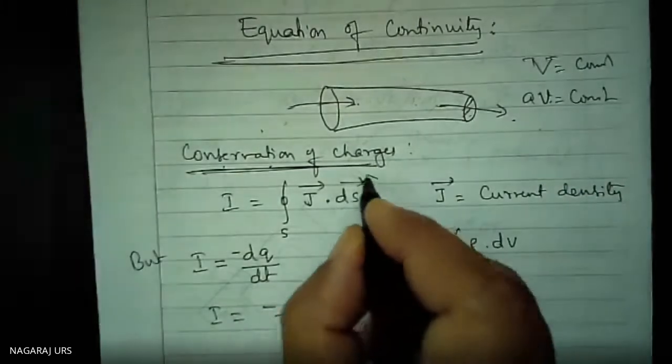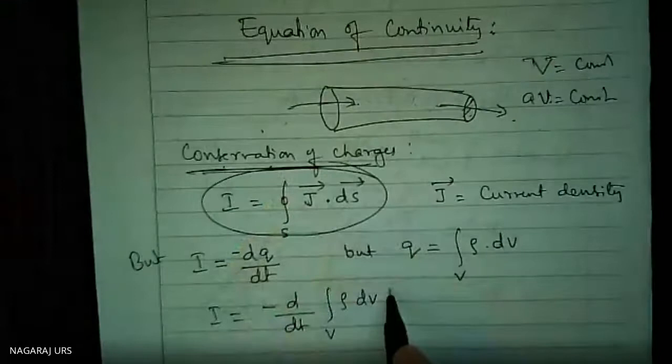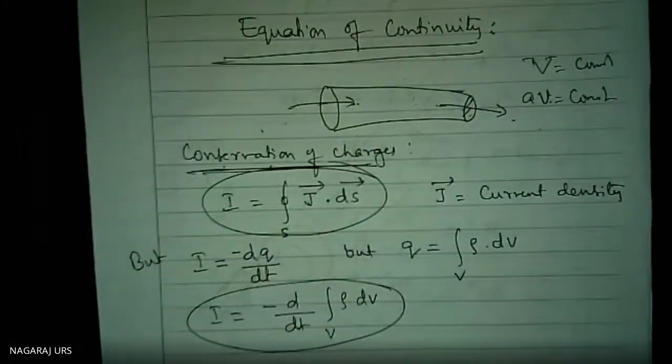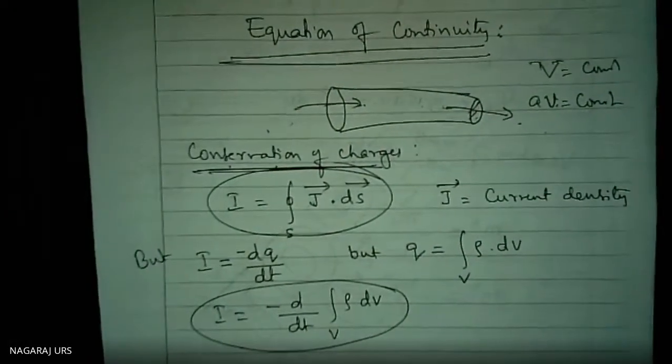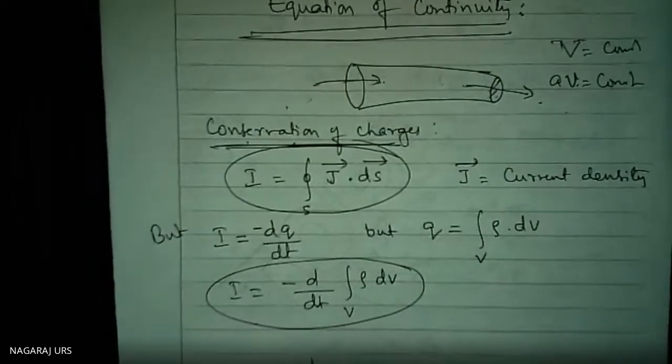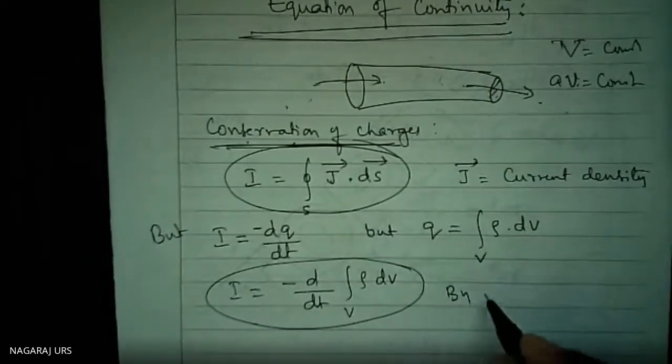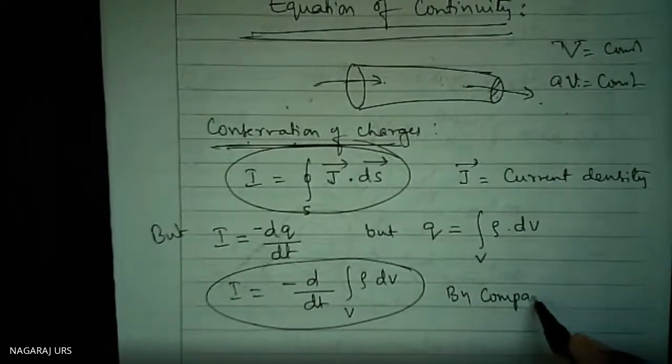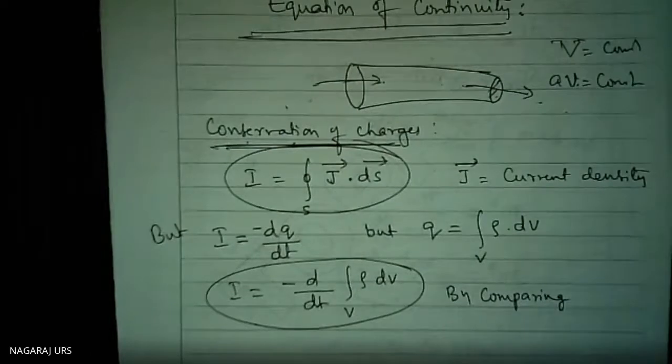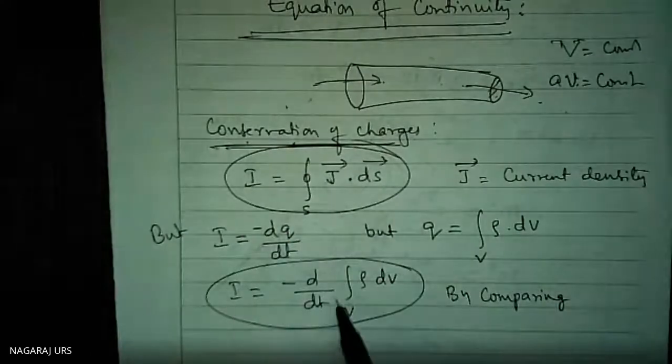Now, this is also I. Compare these two. By comparing I and I, the right-hand sides must be equal to each other.